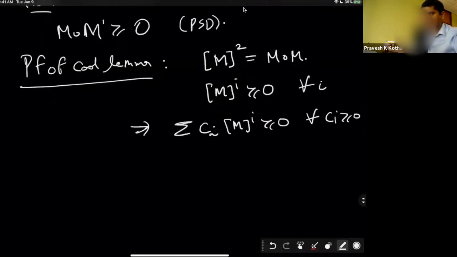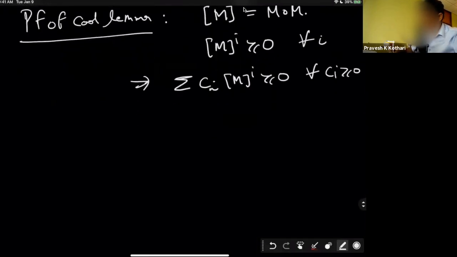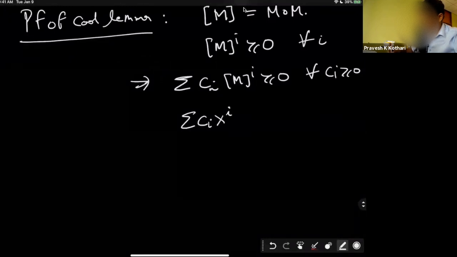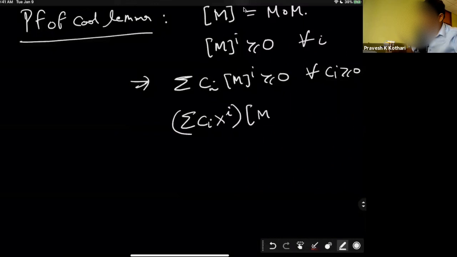Okay. And notice that this is the same as taking the polynomial sum c_i x^i and applying it to M. So that's the proof of the cool lemma for polynomials. And now you can imagine that if I have an infinite series that is uniformly convergent in the interval -1, 1, then I can apply it not just to polynomials but also to this infinite series, because limits of PSD matrices are PSD.